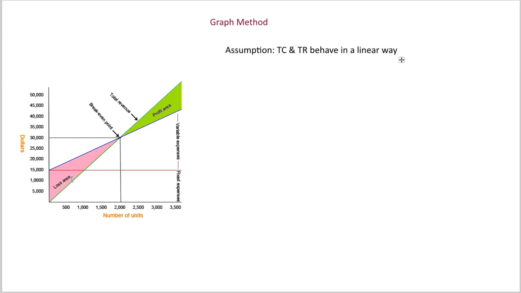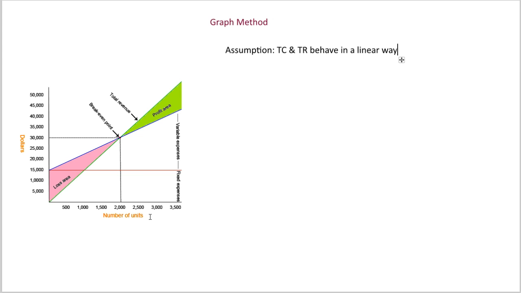Whereas revenues, which is basically your sales times your quantity, so your selling price times your quantity, is here. Starts from zero, because you can have zero revenue. And increases in a linear way as the number of units sold increases, the dollar value in revenue increases, and because of your variable costs, your total cost line also increases as you sell more units.